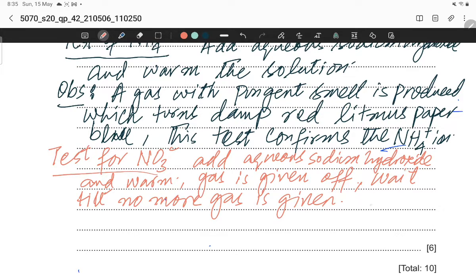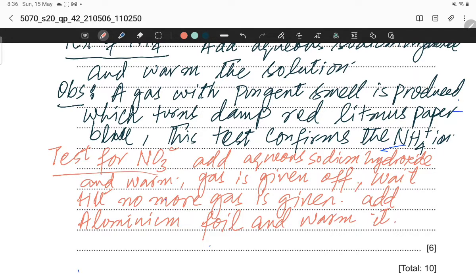Then add aluminium foil and warm the mixture.